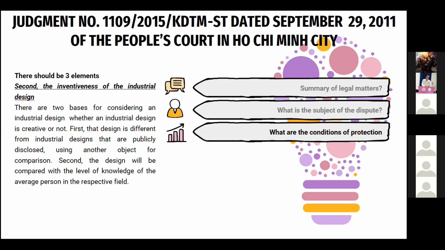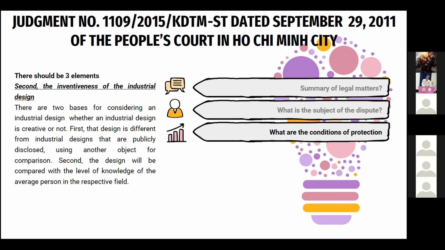There are two ways to consider whether an industrial design is inventive or not. First, that design is different from industrial designs that are publicly disclosed, using another object for comparison.